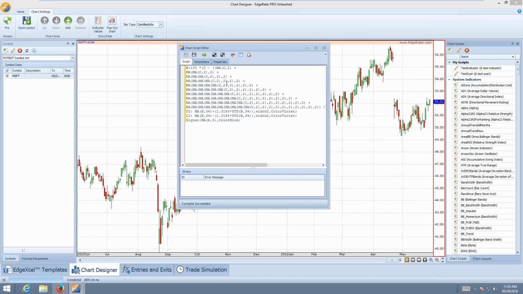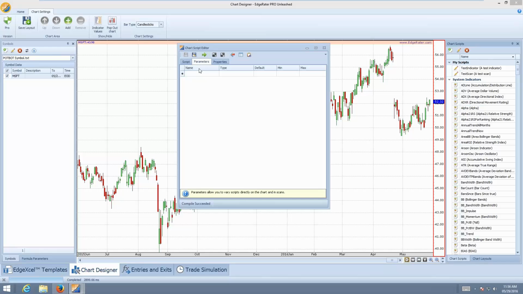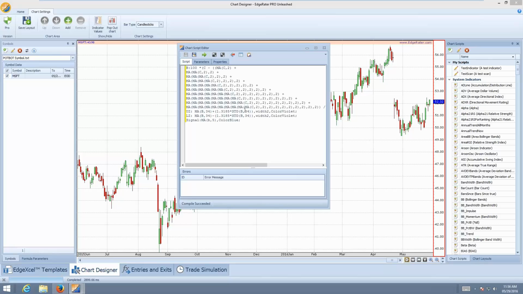But sometimes a script will have parameters, in which case you'll have to come to the parameters tab and add those parameters in here. For instance, if it was a moving average cross, you'd have the slow period and the fast period. You'd have to add those in as parameters here. But this particular script, you don't need it. And if it is required, normally in the forum there'll be a note which says add these parameters, so you'd have to do that.